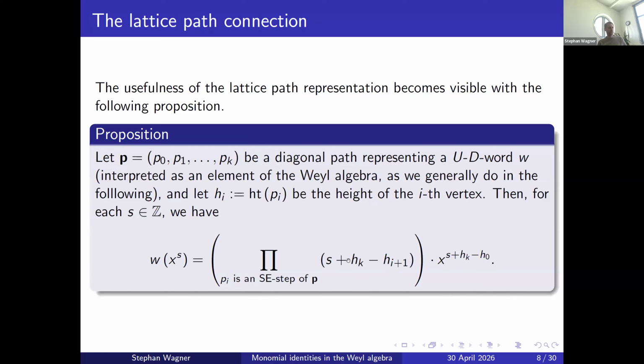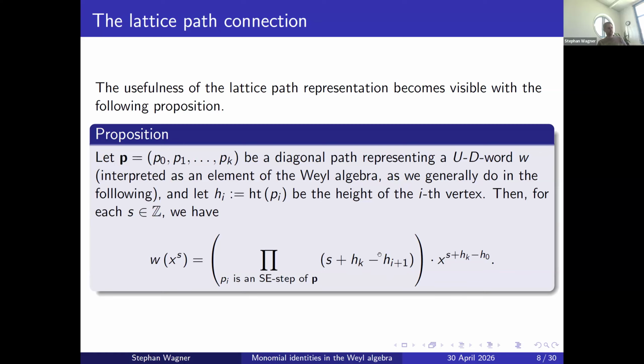Each of the linear factors here has s plus the height difference between Hk, that's the final height, and the height following a down step, an SE step. So if Pi is an SE step, then the point that comes after the down step is the (i+1)th. Its height is H(i+1). That's the term here.